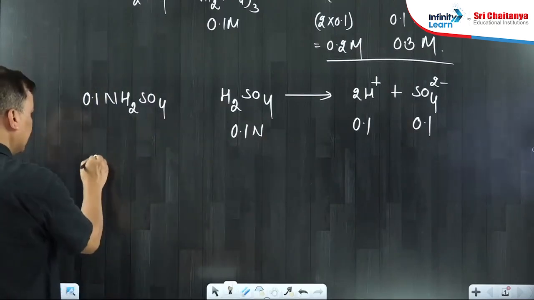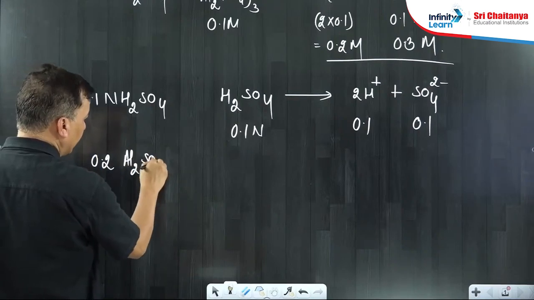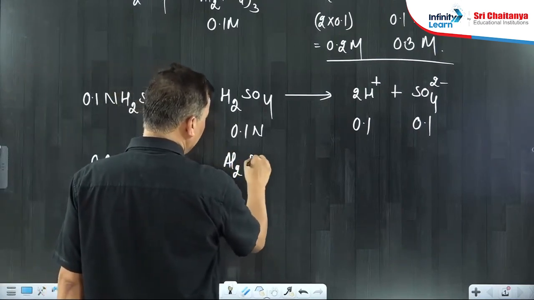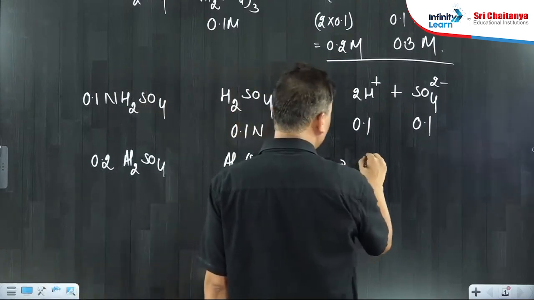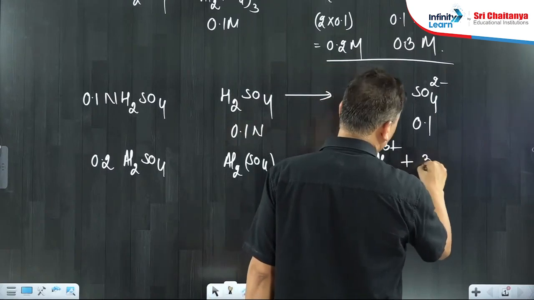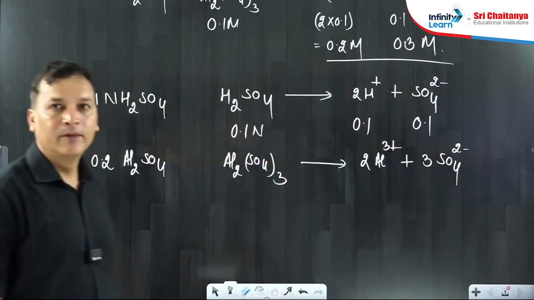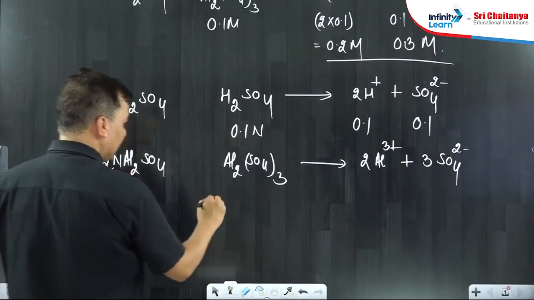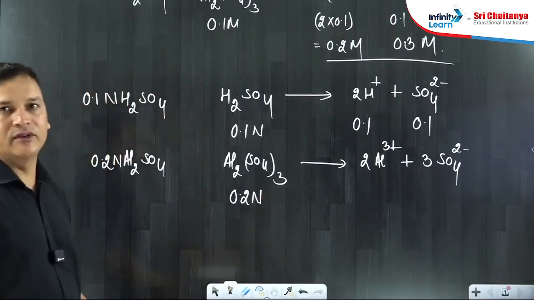Okay, last I am taking here 0.2 normal aluminium sulfate. Here is Al2(SO4)3. It will change into 2 aluminium 3 positive and 3 SO4 2 negative. I will ask you, what is the normality? 0.2 normal aluminium sulfate.